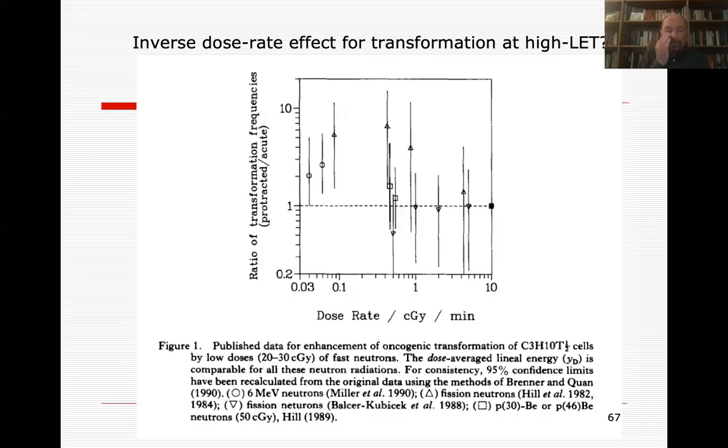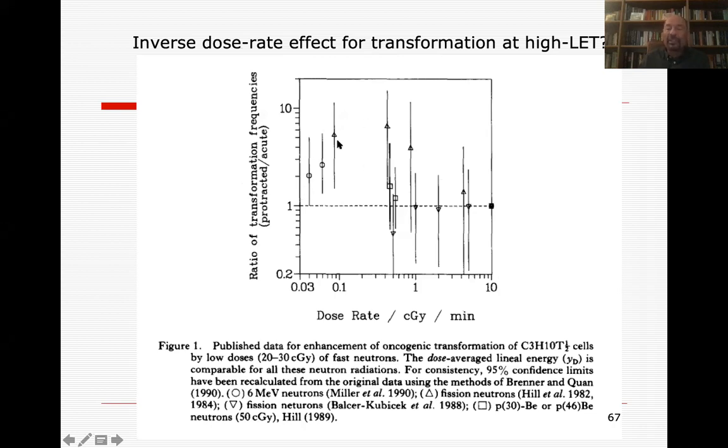It's a little bit more complicated when you go to RBE for transformation and high LET. In particular, some data are rather scary, you see. They seem to indicate, like here, that the transformation was enhanced when you go to low dose rate compared to high dose rate.